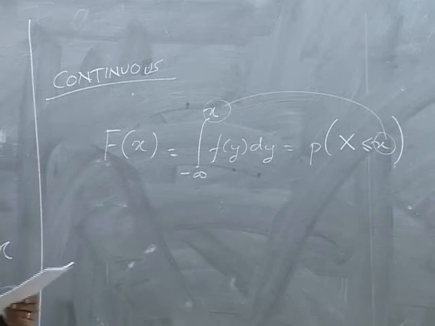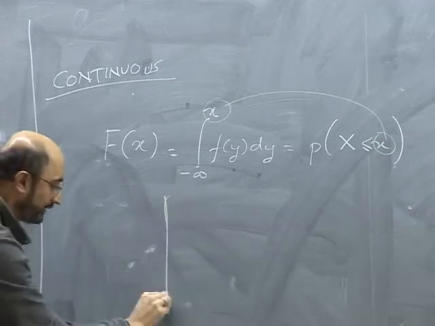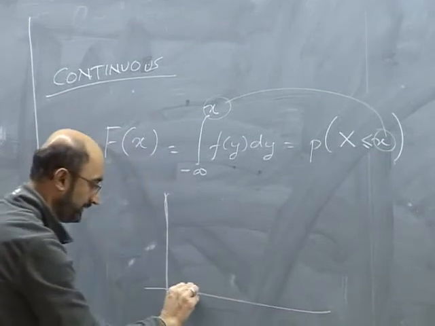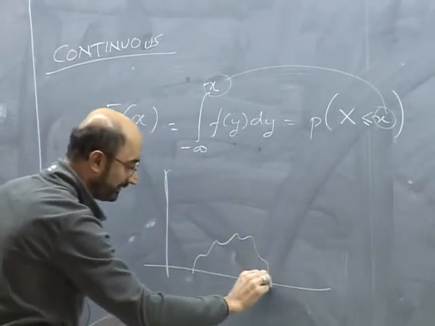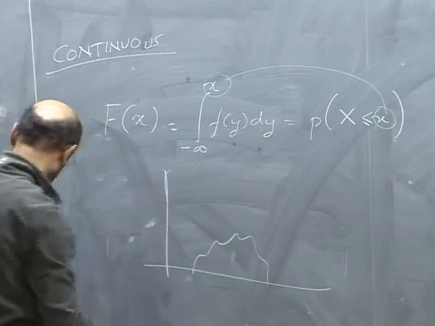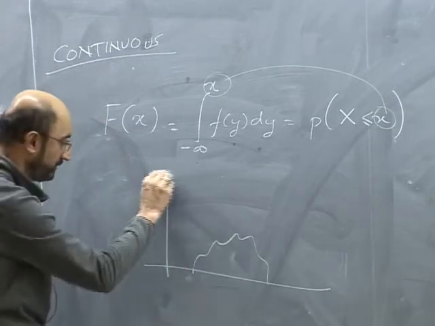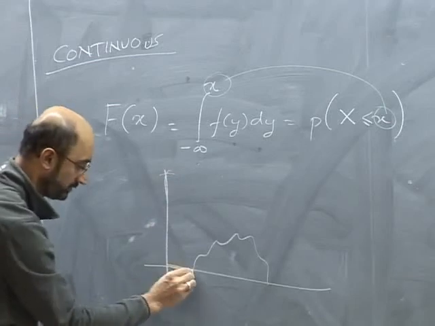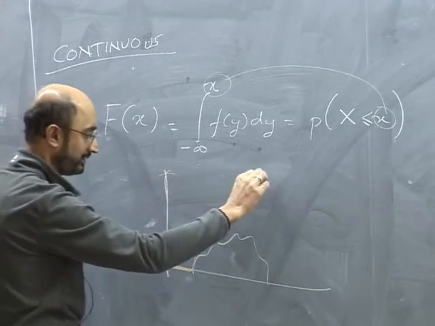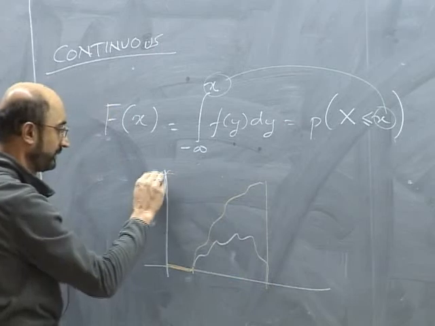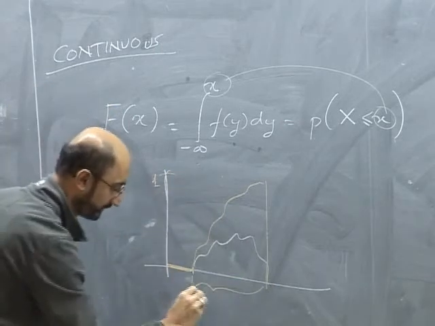So the CDF is, I guess, if you have a probability density function like this, then the CDF is going to be monotone, increasing, and it's going to start at 0, and then it's going to grow, and then at the right value, the support, this part is called the support.